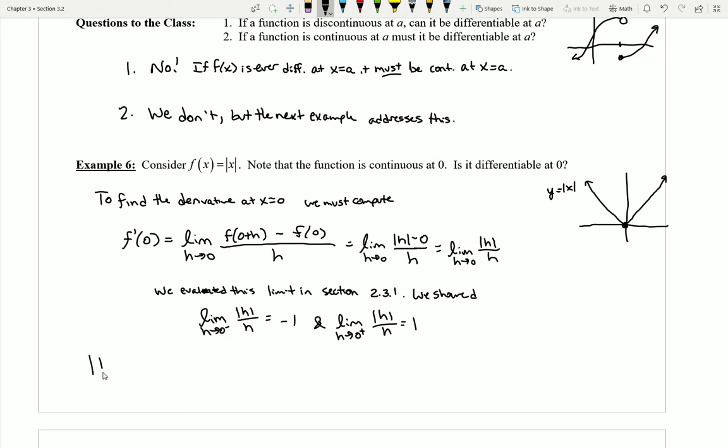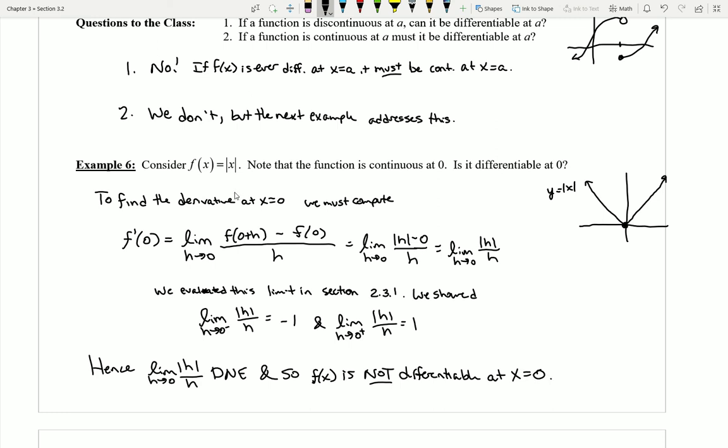Because of this, the limit as h approaches 0 of this does not exist. I can't get an answer to this limit. But then what that means is that f of x is not differentiable at x equals 0.